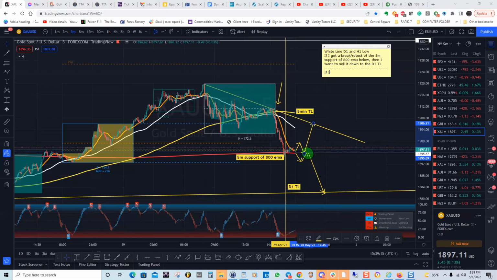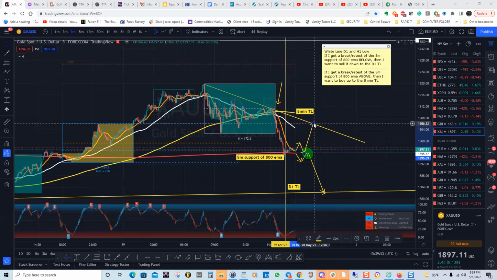If I get a break and retest of the 5-minute support of 800 EMA above, let me put this in so you can see above. The key is above and below. That's the key. Gotta remember that. Then I want to buy up to the 5-minute trend line.